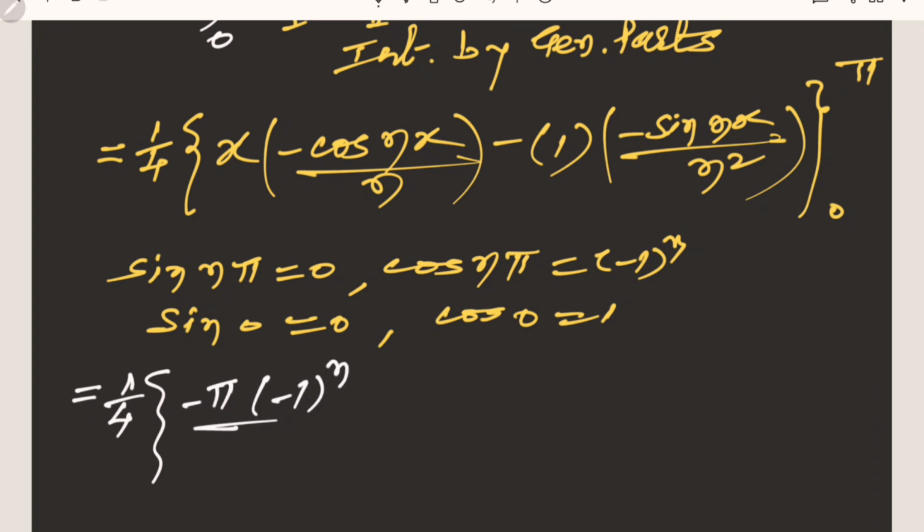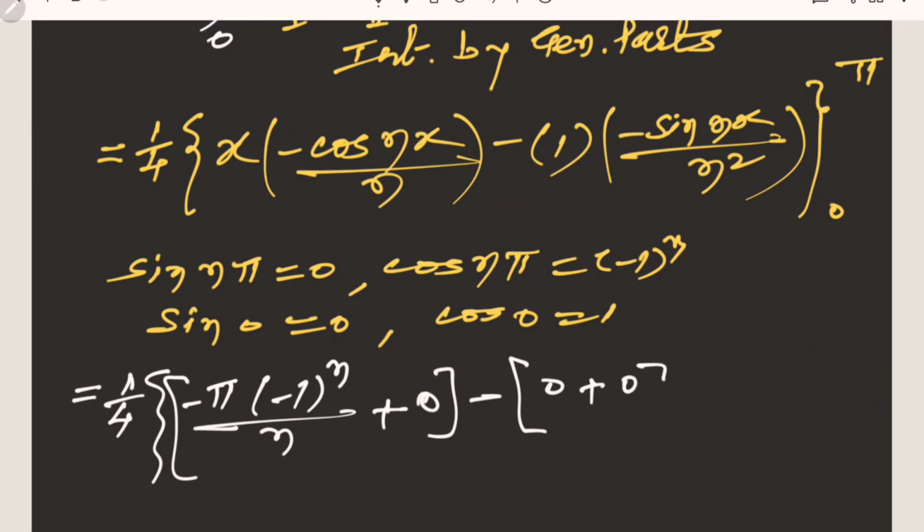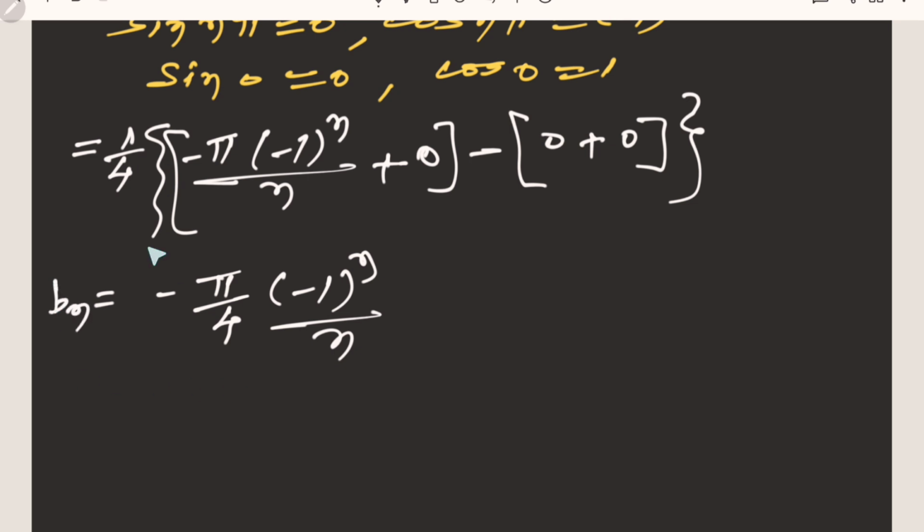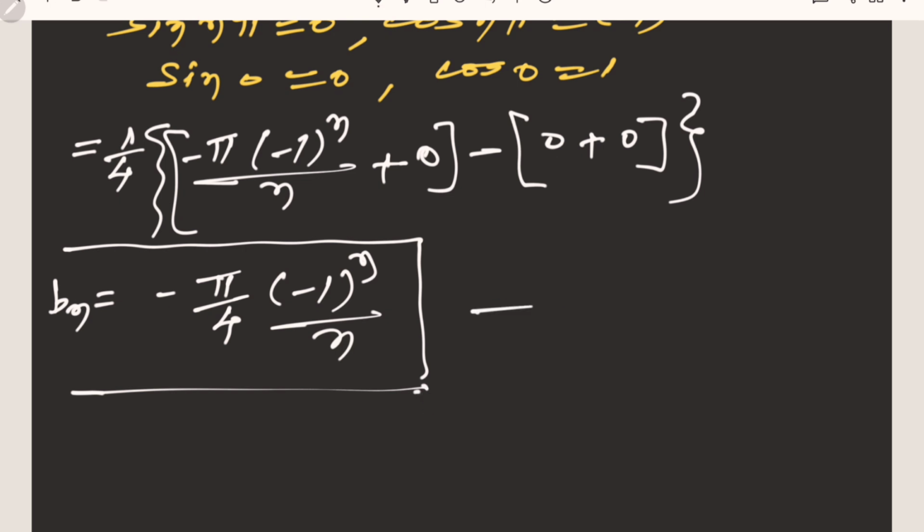When we put x as π, it is -π cos nπ, which is (-1)^n by n, sin nπ is 0, second term becomes 0, minus lower limit x is 0, and sin nπ is 0. We have -π/4 (-1)^n/n. This is the value of bn, equation number 3.